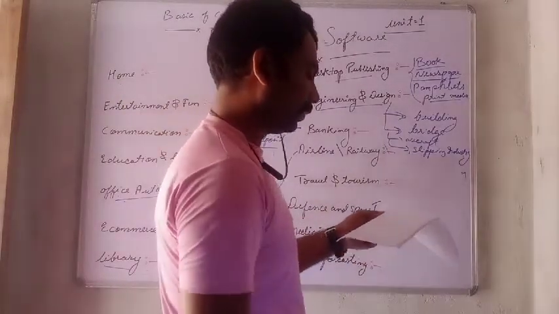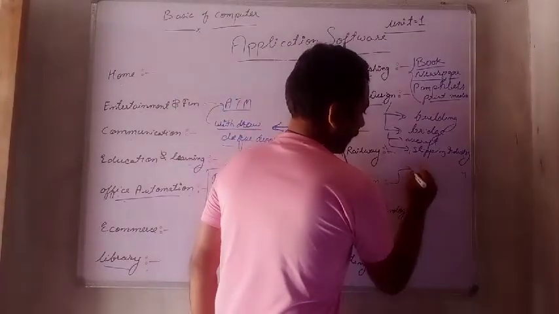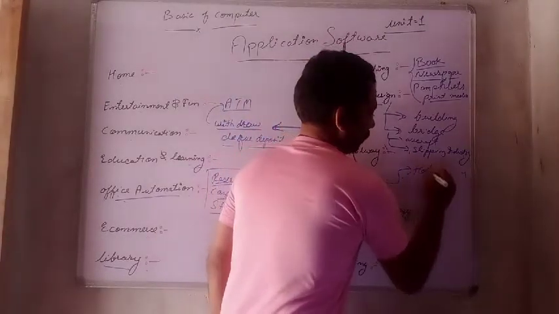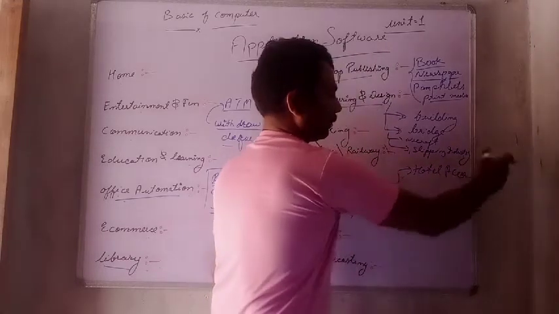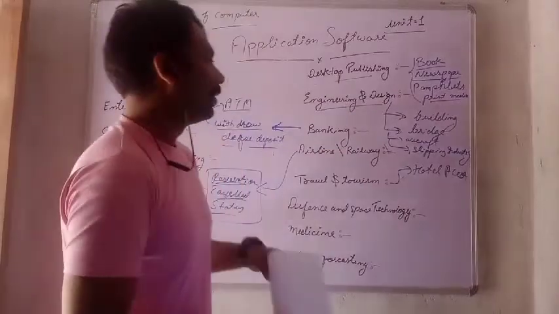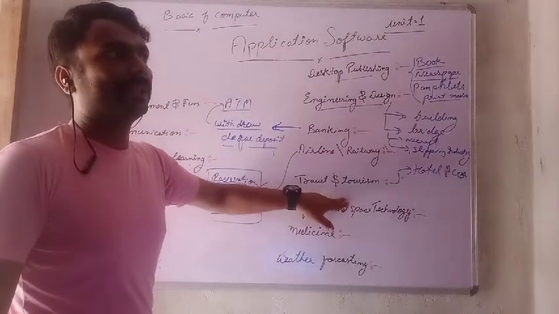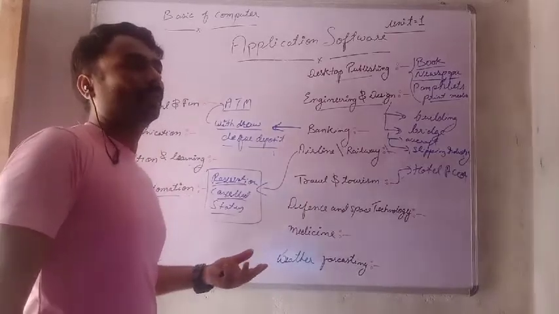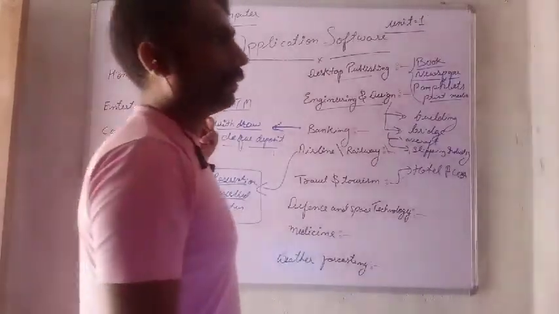Okay, no doubt. Then we should move to the next point, travel and tourism. In this, hotel accommodations. Hotel accommodation means the facilities, the availabilities of what you are going to get in the hotel.